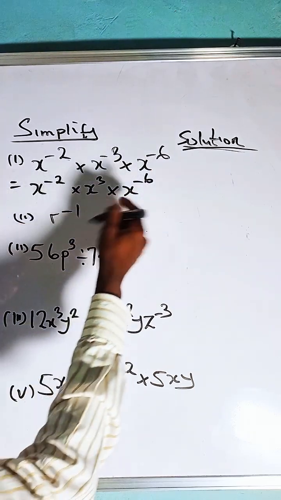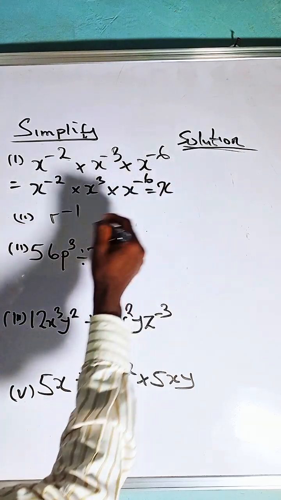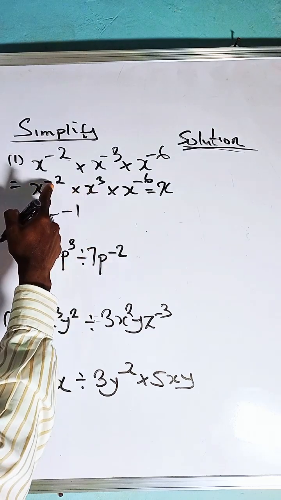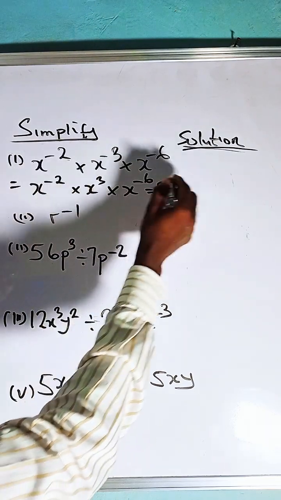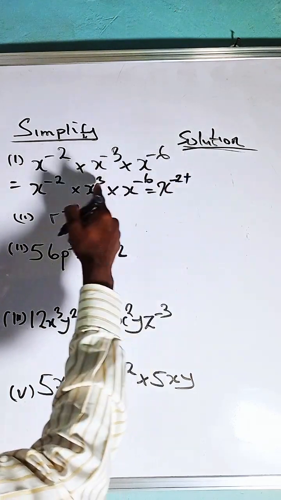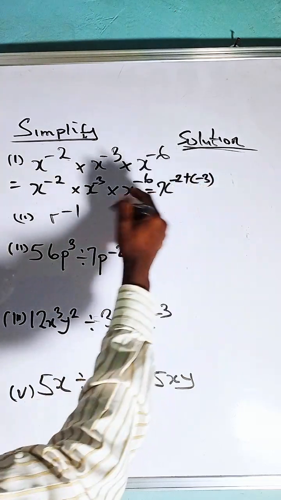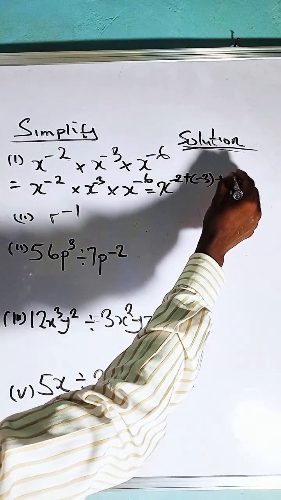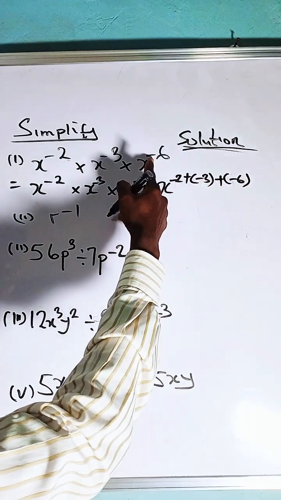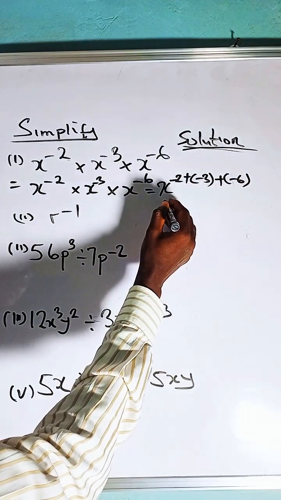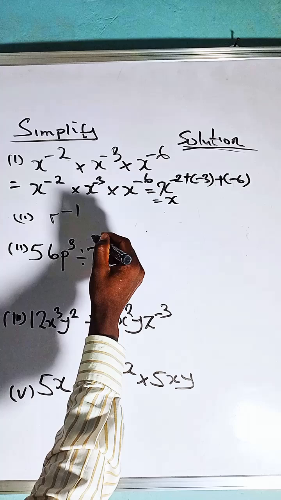Since we are having multiplication, we bring out one of the x, which is the base, and we add up the powers. So we have minus 2 plus minus 3 plus minus 6, okay, so we have x.